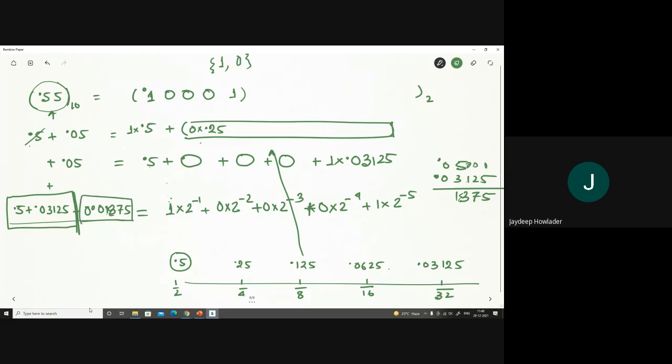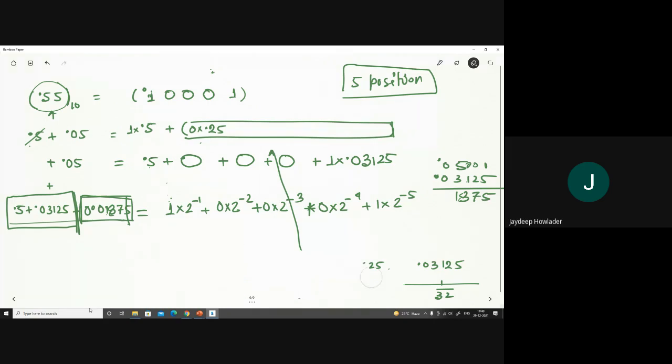Understand? So these are the offset. And now if we keep on processing, there will be more values. But now you consider that if you are approximating the binary number up to position number 5, 1, 2, 3, 4, 5, then my final result says that 0.55.